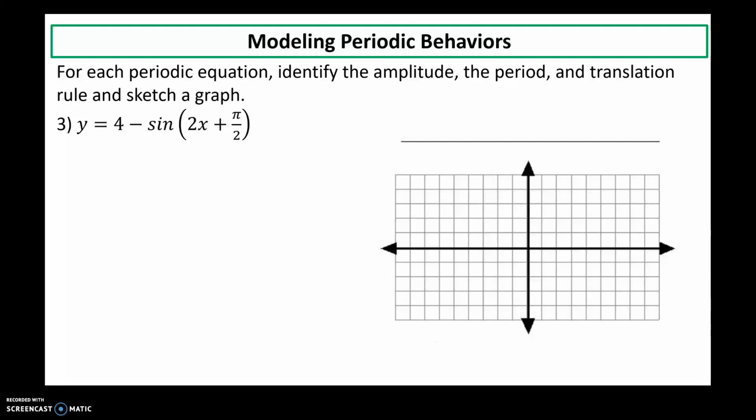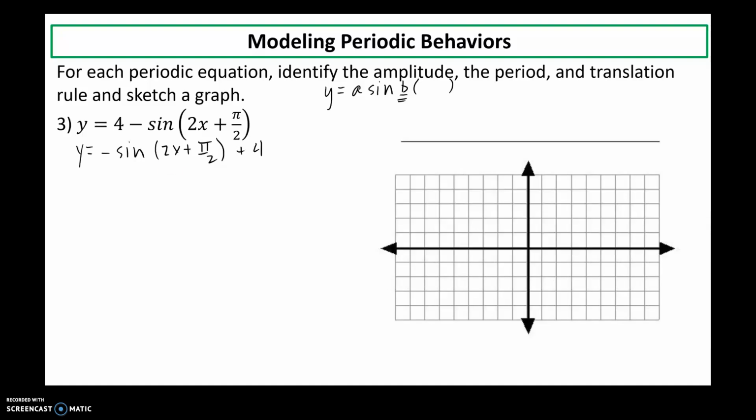Okay, so this order is a little bit different. So the first thing I'm going to do, I'm going to rewrite, I'm going to put my +4 at the end. Now notice, if you go back to our original notes, A, sine or cosine, B has to be out front of the set of parentheses. Right now, it's not. I have to factor B out of the set of parentheses.